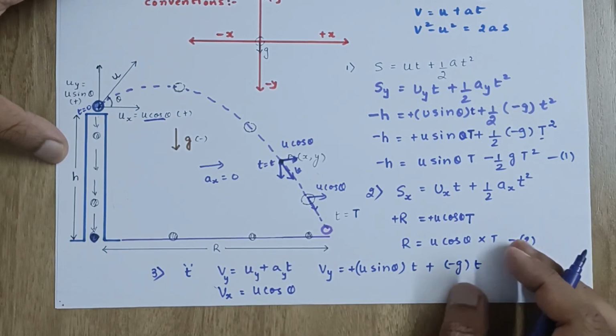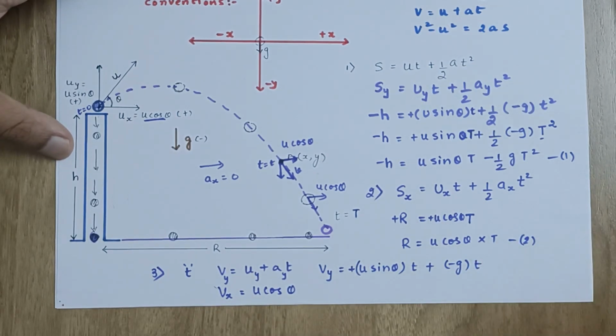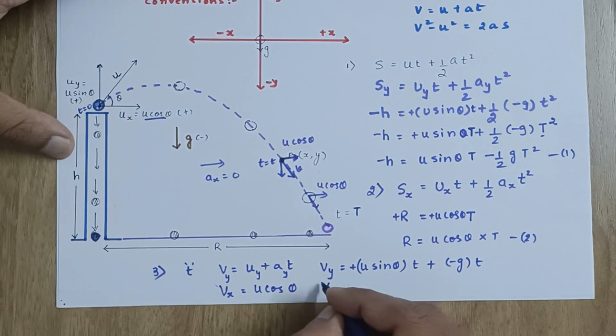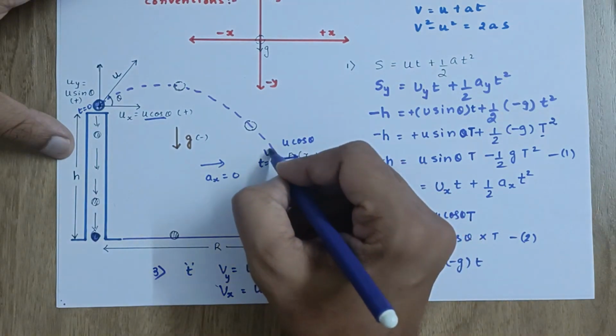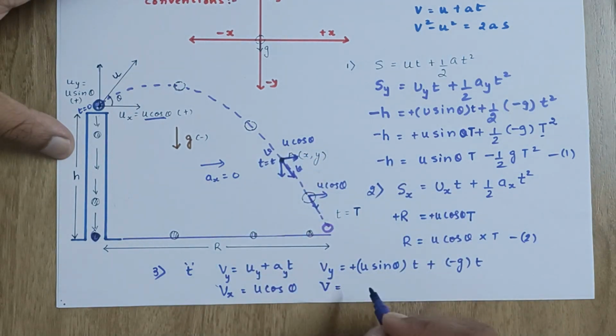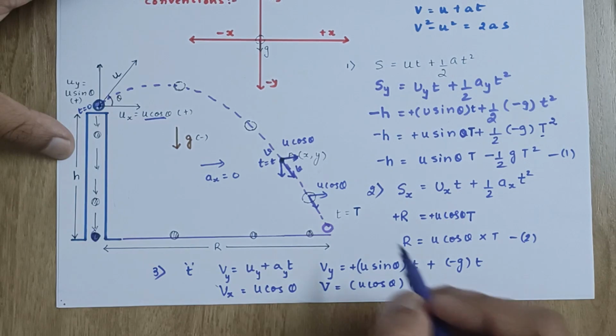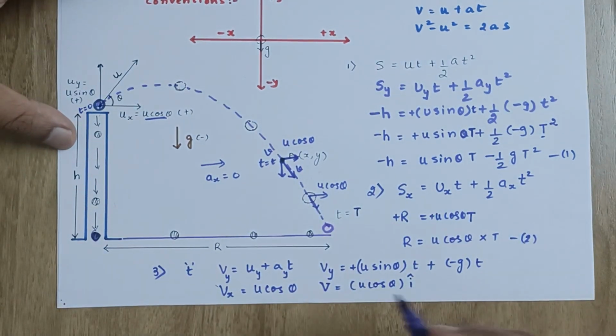So this is our equation of vy, and you know that vx is equal to u cos theta. So in terms of vectors, suppose I want to write it down, the final velocity over here is v. This final velocity is equal to the x component, that is u cos theta times i cap, right? Because it is along the positive x-axis. But this part is u sin theta.